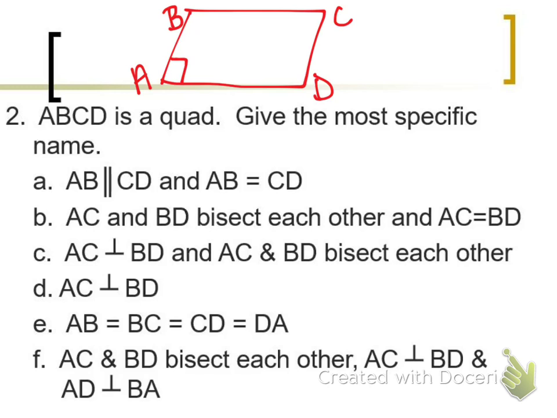Okay, if the diagonals bisect each other, that's enough for us to know that a quadrilateral is a, starts with a P, parallelogram. So that first statement tells us this is a parallelogram. If it's a parallelogram, then what angle has to be congruent to angle A?